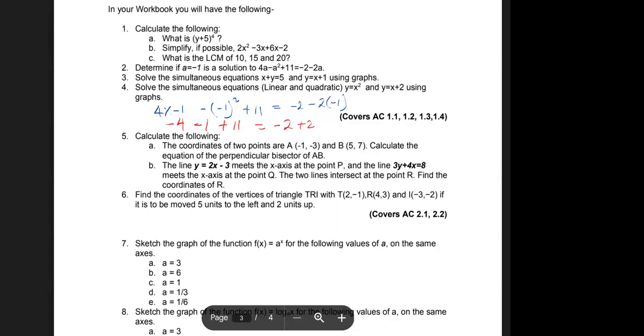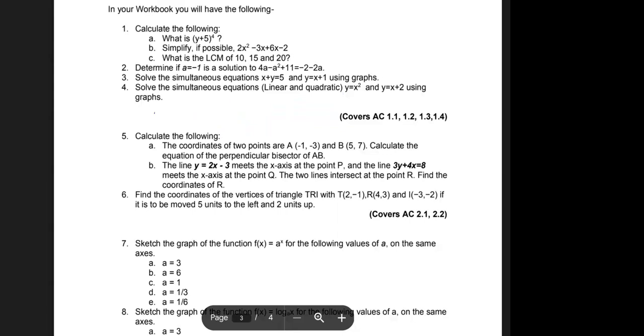It says what's the value of this? Tell me the solution of this one. It's just like, if A equals -1. Okay, just do it this way.